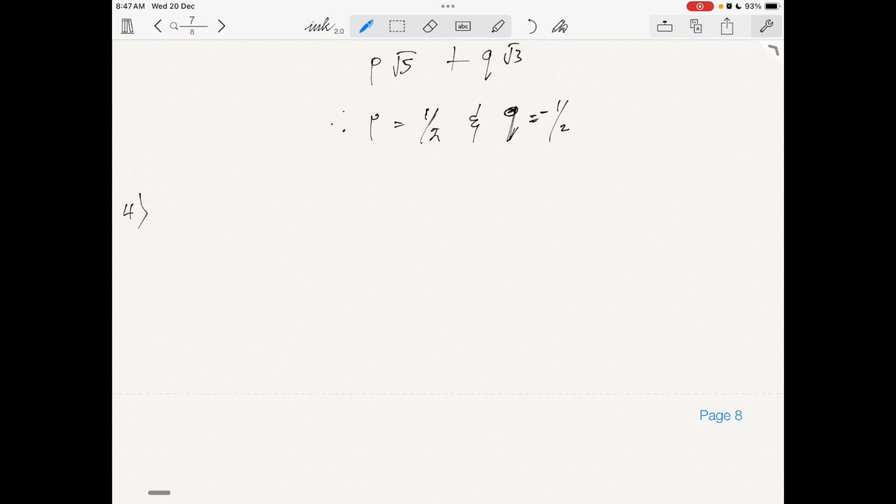All right, a complex question. So we have 4 root 5 plus 3 root 2 divided by 7 root 2 plus 2 root 5. And the question says we should leave it in the form of P plus Q root R, where P, Q, and R are rational numbers.